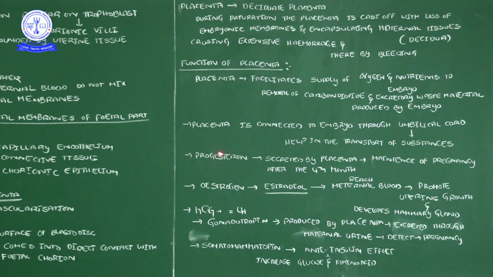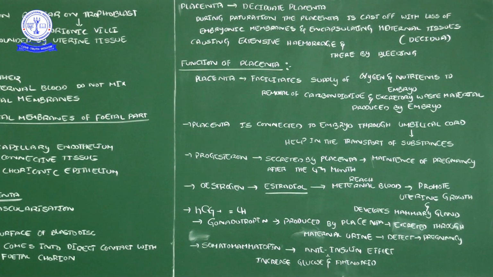And then next one, the placenta is connected to the embryo through the umbilical cord. Just now I revealed one important structure. Umbilical cord is different, placenta is different. From the placenta onwards, a thread-like structure will form to connect the embryonic baby in the center part.